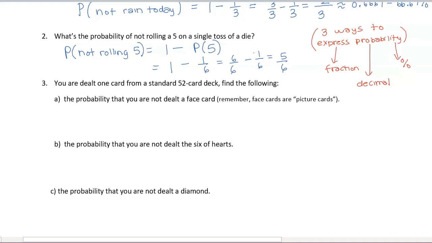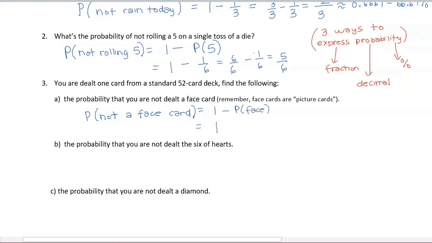Problem 3A says to find the probability that you are not dealt a face card. The face cards are the picture cards. The probability of not drawing a face card is going to be 1 minus the probability of a face card.